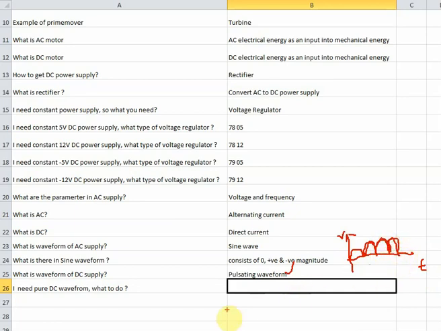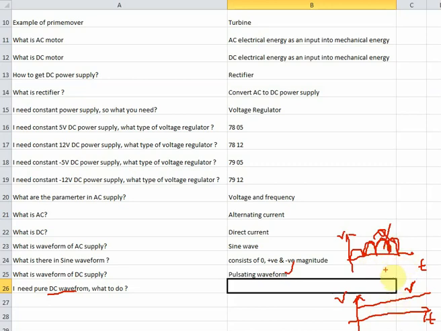What is a pure DC waveform? Pure DC waveform means, this is the time axis, x-axis, and y-axis is the voltage. The waveform goes on constant. If I need this one instead of this one, I don't want the pulsating one because it will touch zero every time.